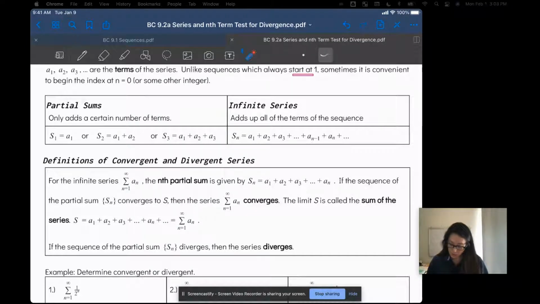Basically, if we write the rule for the equation that gives us the pattern to add the values together, which we'll do in a second, and that equation converges, then the series also converges. If it doesn't, then it diverges.